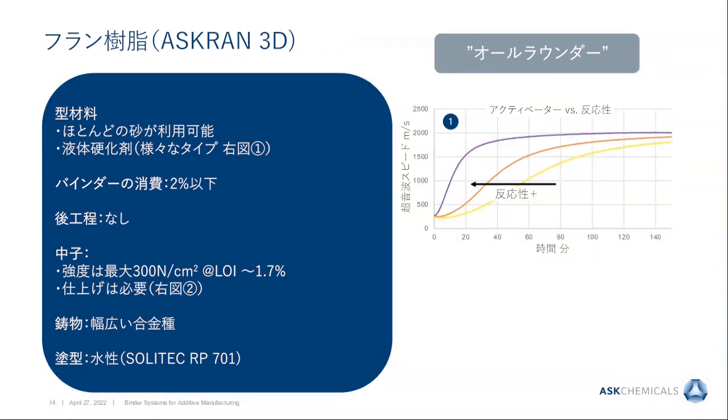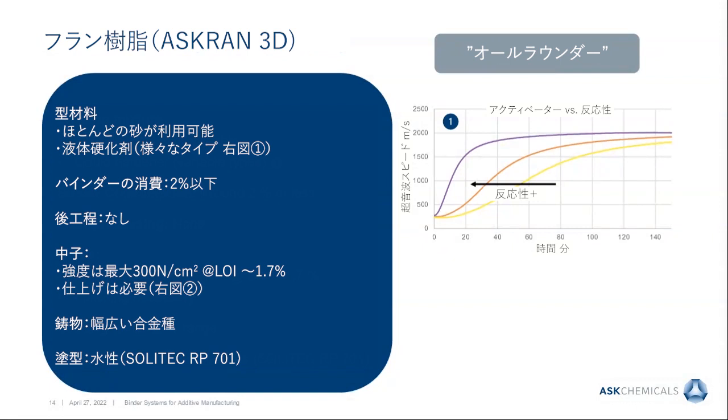The binder consumption in Ascoran 3D printing is around 2% or even less, and there is no necessity for post-processing the cores. So after taking them out of the printing box and finishing them, they are ready to use and have already gained their final strength. The final strength can be around 300 Newton per square centimeter, depending on the binder consumption.